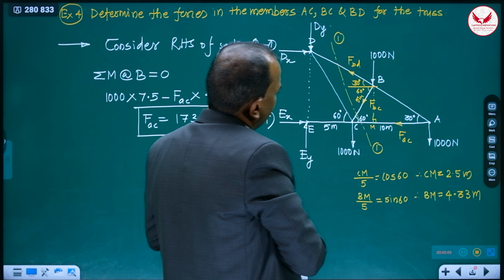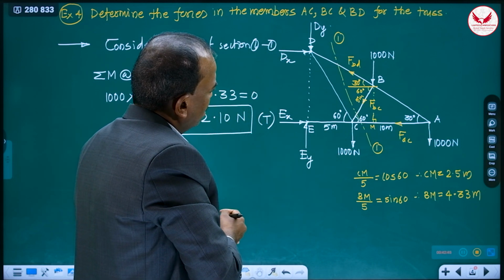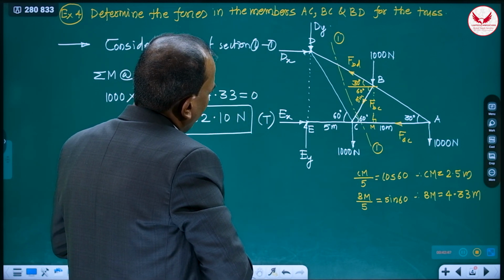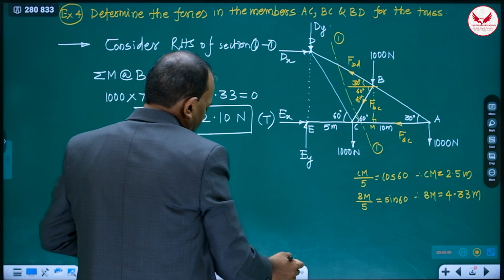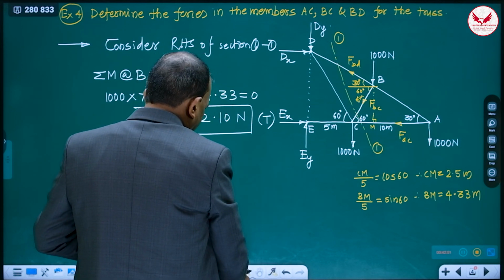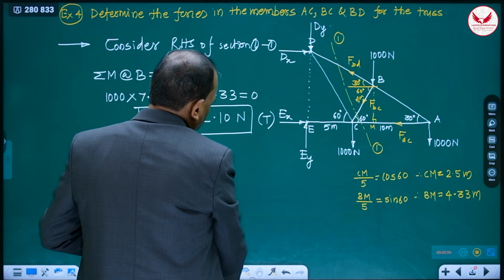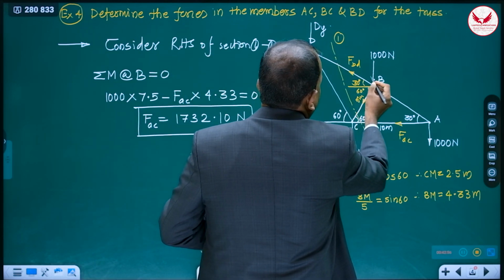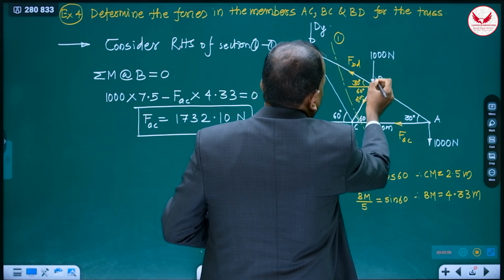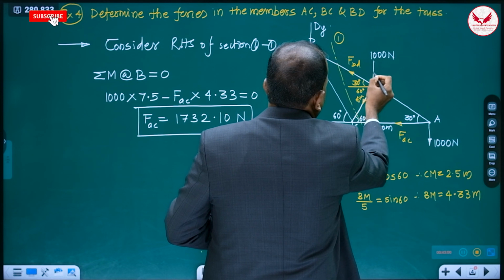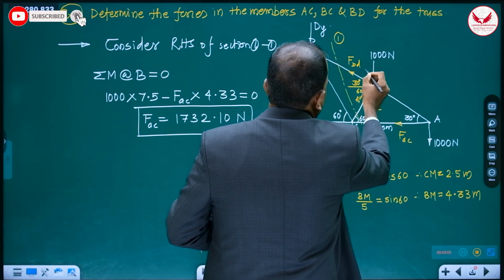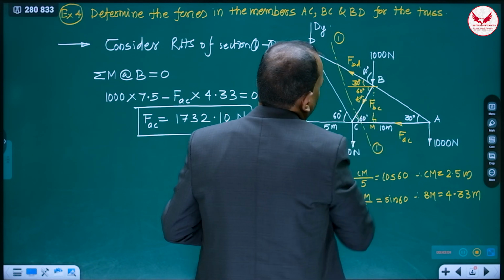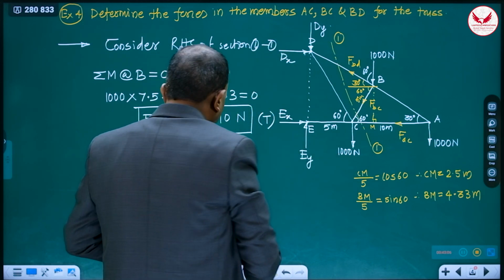Then in this case, the best way is, just see, it is an excellent example. If this angle is 30, it is vertical, it is horizontal, means this angle is going to be 60.